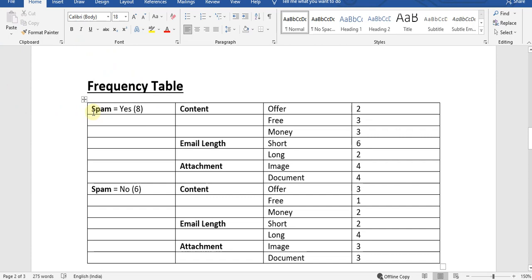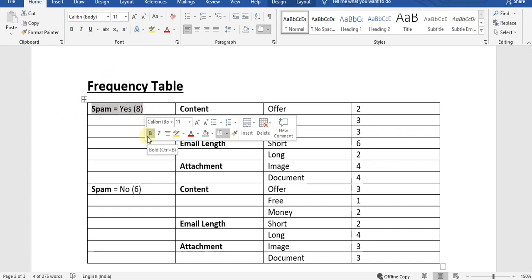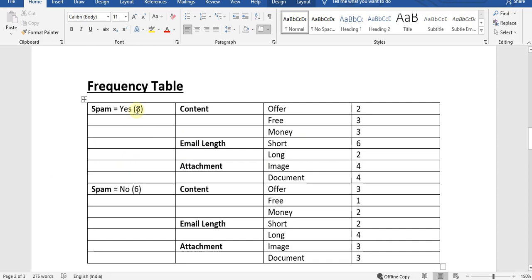First I have divided by the target value, because I have to find the relationship: what is the number of occurrences of a particular value of a feature given spam equal to yes, and the number of occurrences of a particular feature value given spam equal to no. So as there are two possible values for the target, I have separated them.